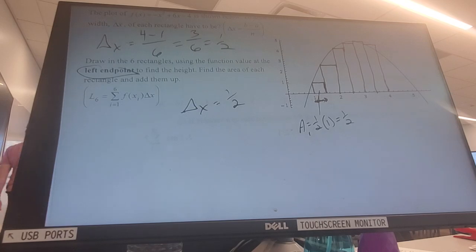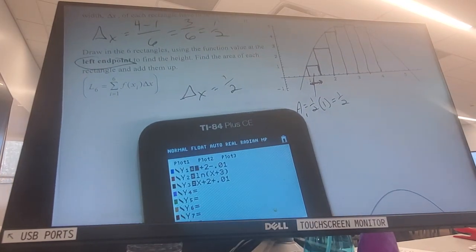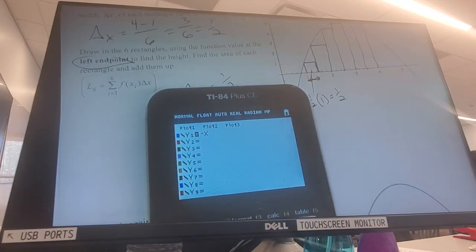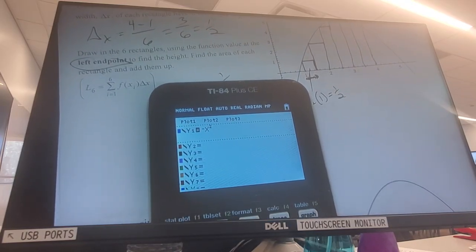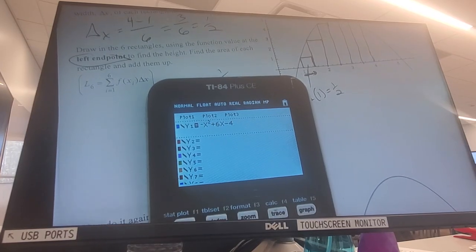I'll show you guys a little trick. I think I've shown you this before. If you plug the formula into y, like you're going to graph it, I'm going to go to table set.